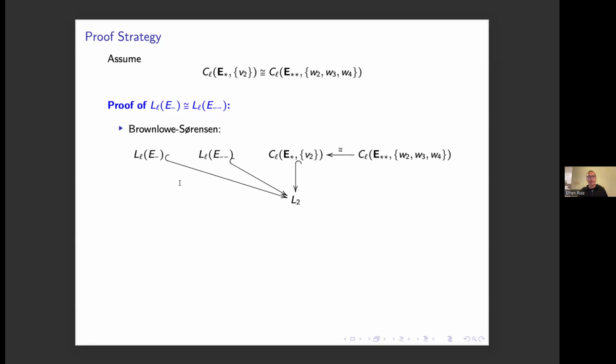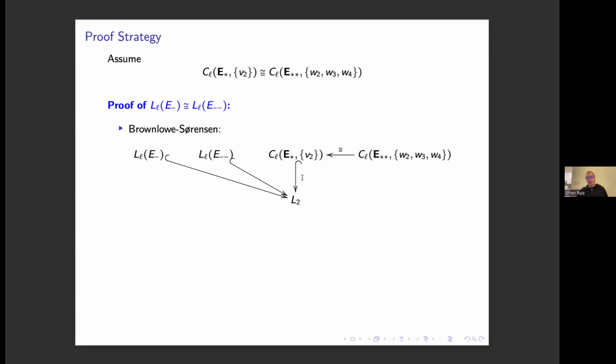Okay, and so I embed it here. That's the result that you can embed any Leavitt path algebra over a countable graph into L2. And then I embed this cone path algebra, which is also a Leavitt path algebra. And then I embed this one using the isomorphism here and that.